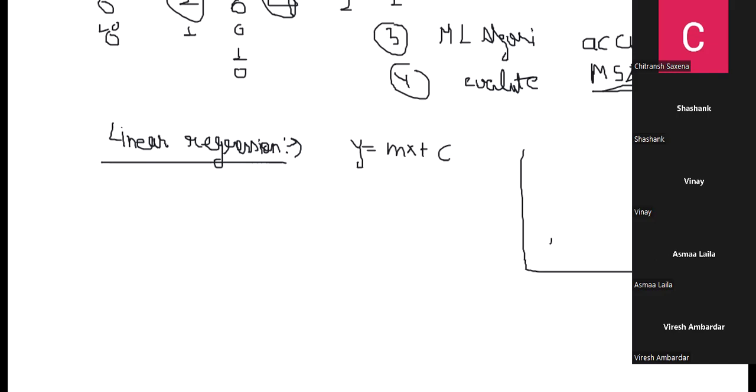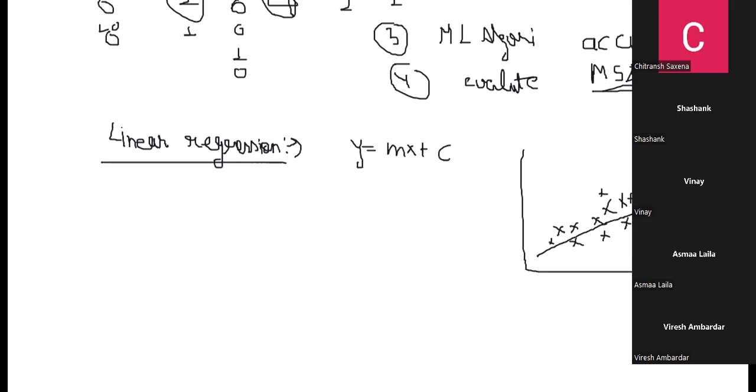If your data is distributed like this, then at that point you use linear regression, and the algorithm will give you more accuracy. You can use other models also, but if your data is linearly distributed, then you can use linear regression.